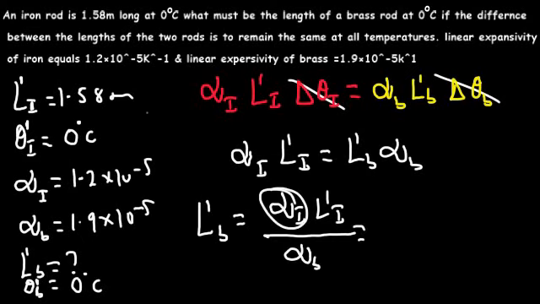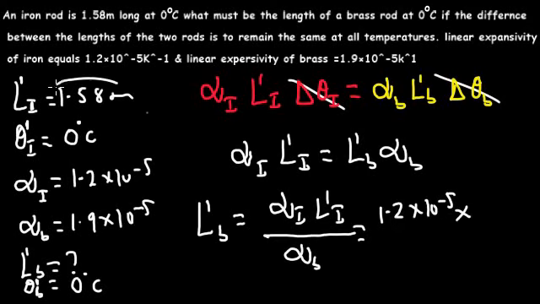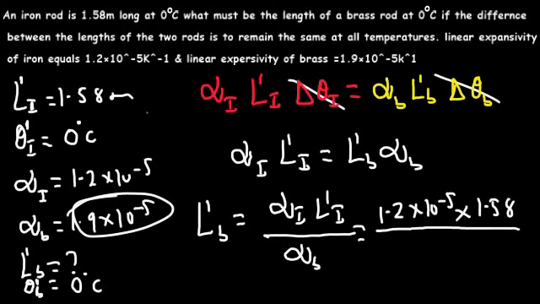So the linear expansivity of iron is given as 1.2 times 10 to the power of negative 5 multiplied by the length, which is 1.58, and this is entirely divided by the linear expansivity of brass, and that is 1.9 times 10 to the power of negative 5.